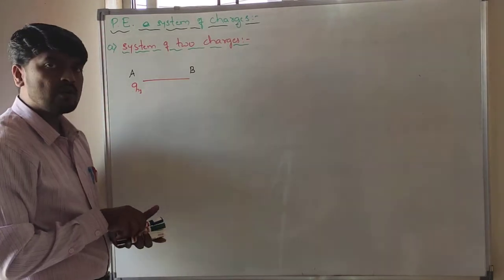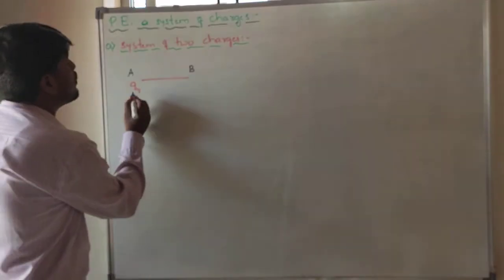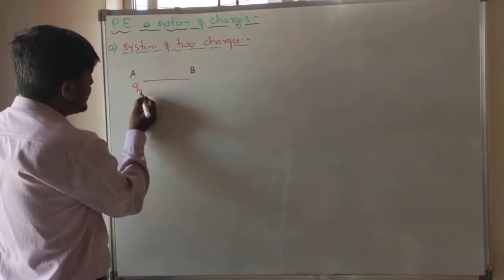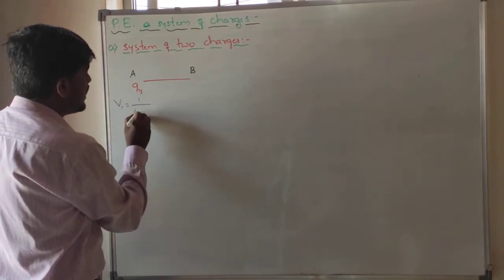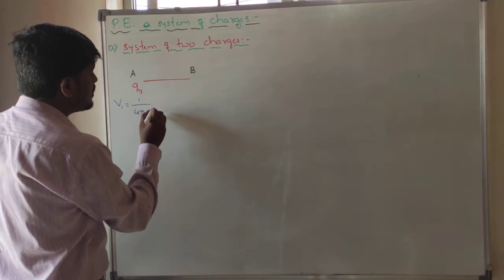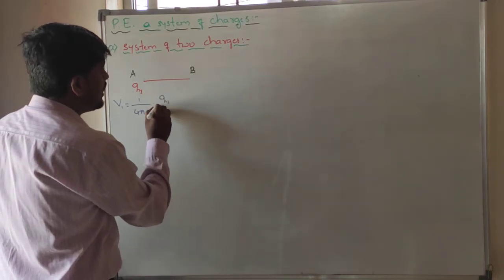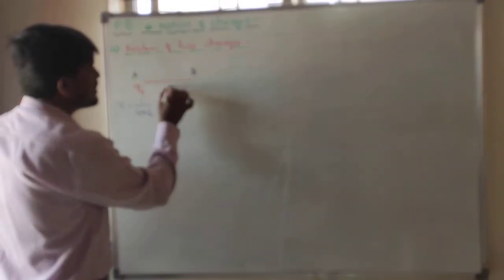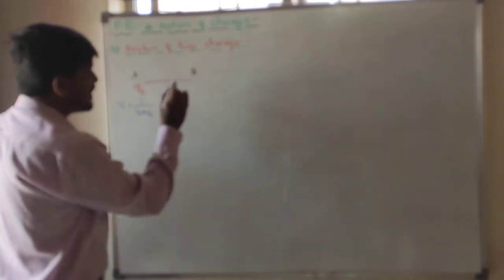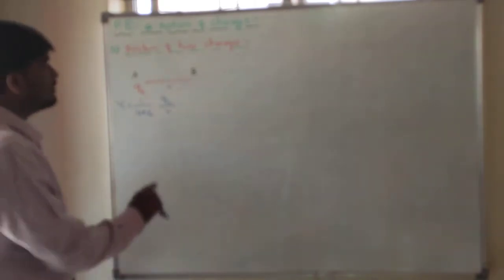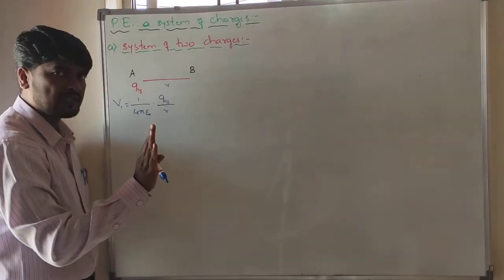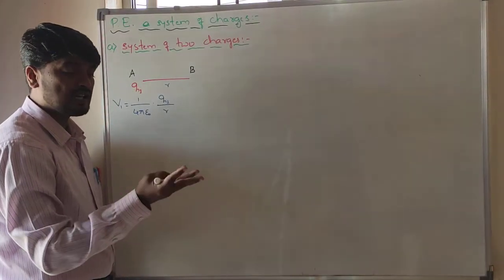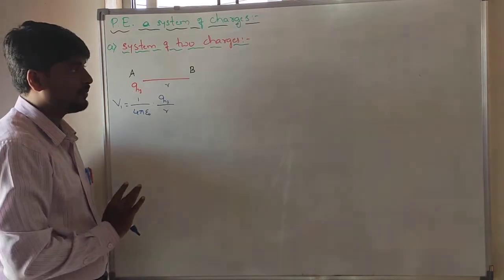At point B, I want to calculate the electric potential. The potential at point B due to the charge Q1 is given by V1 is equal to 1 by 4 pi epsilon naught into Q1 divided by the distance, which I will mention as R. Once again, listen carefully. Earlier there was no charge, no electric field, no potential.